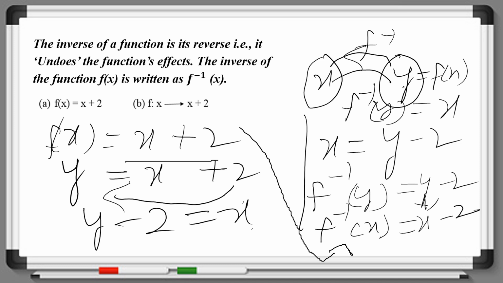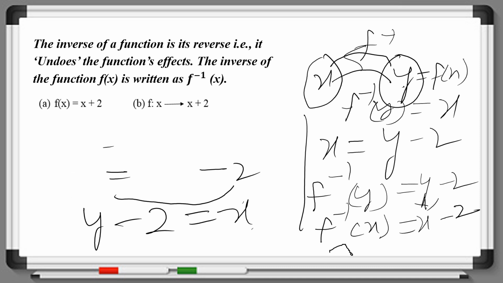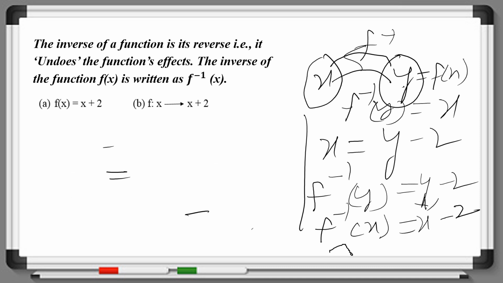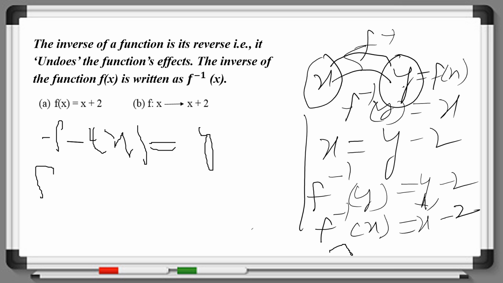Now boys, I want to tell you one more thing. You can remember it in another way also, that I am going to tell you now. F of x, the image we call it y. I can apply f inverse on both sides.